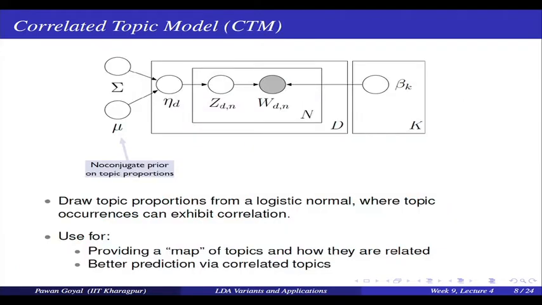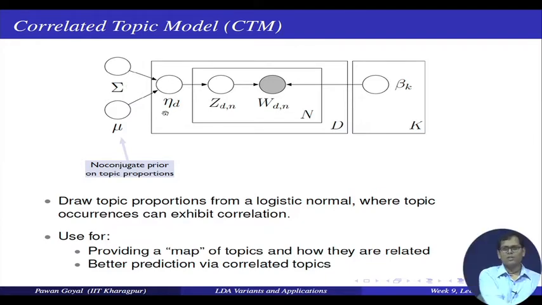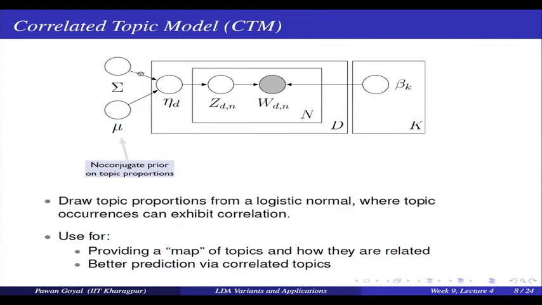So how does your model change? Everything remains the same, except that instead of sampling from a Dirichlet distribution, you now sample from a multivariate logistic normal distribution with a mu and sigma. So your eta d's are sampled from this distribution, and that's where the topics can exhibit various correlations, that these 2 topics are correlated with each other while these 2 are not correlated.